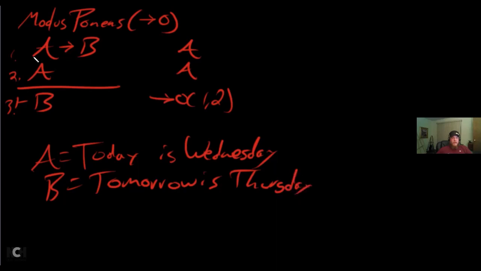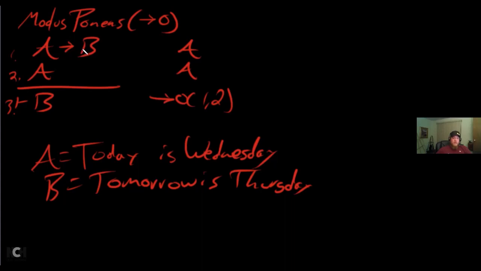So if we plugged in these values, if A stands for today is Wednesday and B stands for tomorrow is Thursday, here's what we've got. Line 1 here would say, because of that arrow, if today is Wednesday, then tomorrow is Thursday.